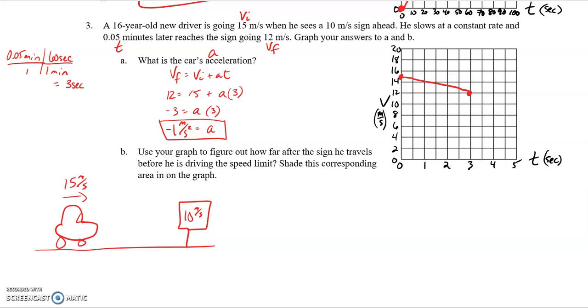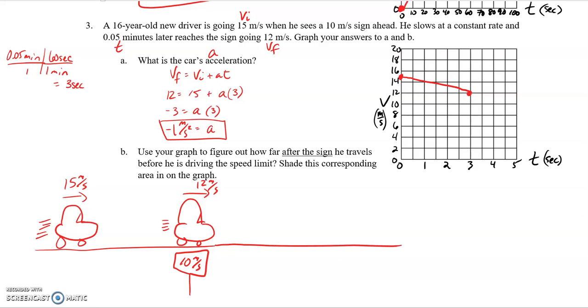When the car gets there, the car is going 12 meters per second. So let me draw that up to the side. Here's the sign. It wants to know how far after the sign is the car going the speed limit. So the speed limit is 10.